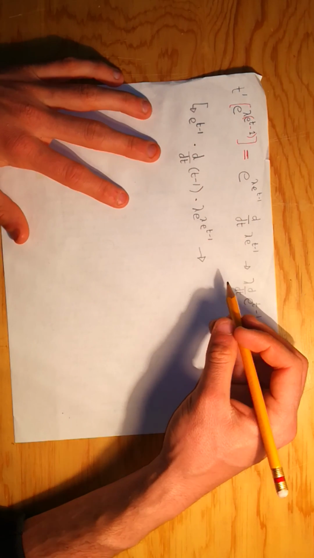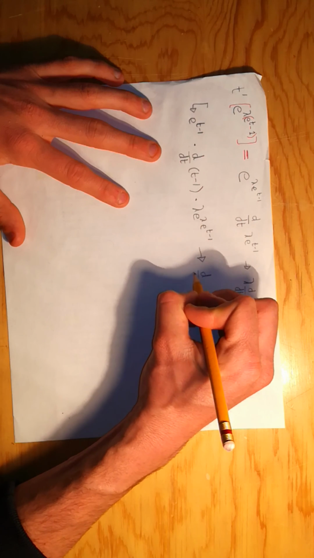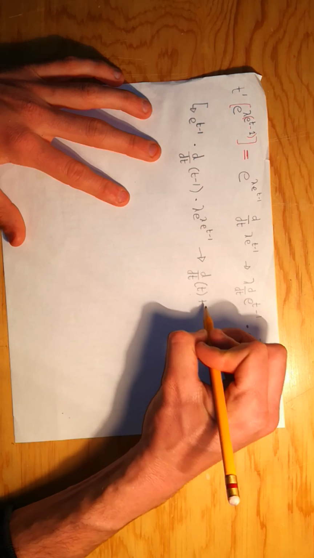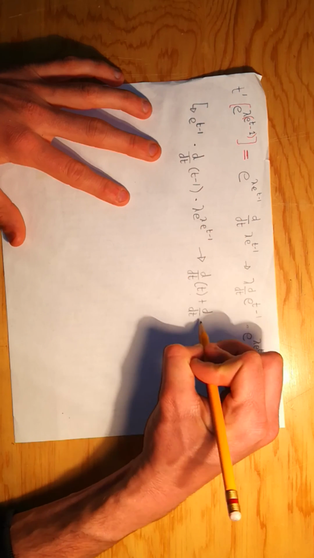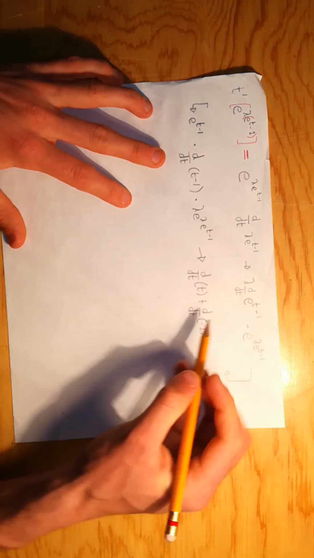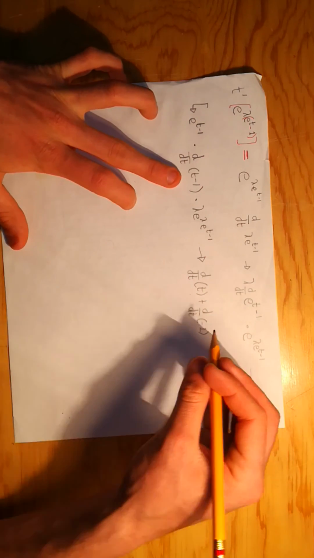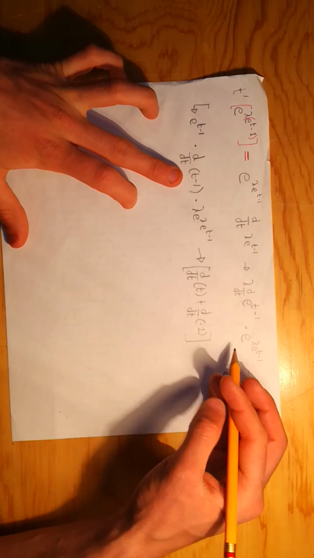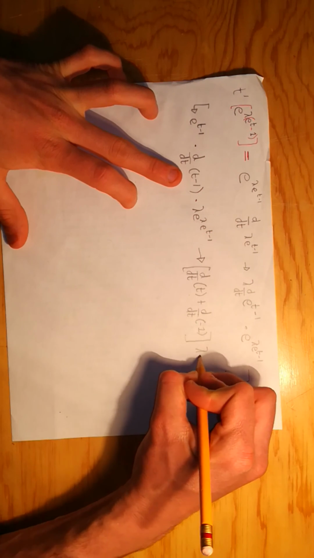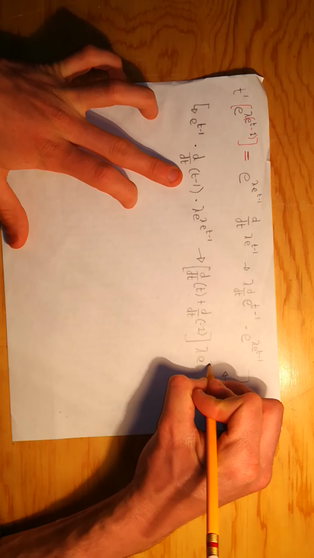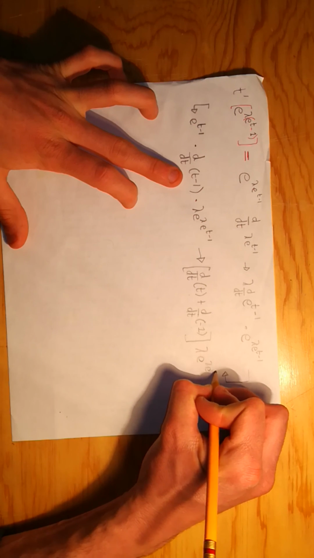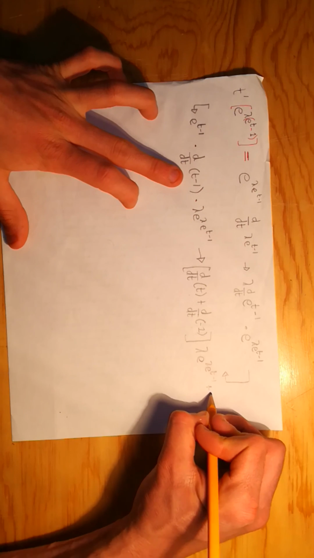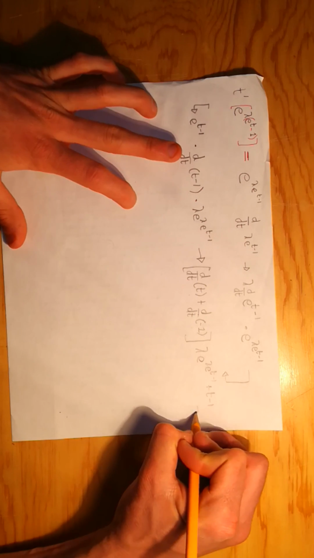We now have the derivative with respect to t of t plus the derivative with respect to t of minus 1, which is what we had here, and all of this times lambda e to the lambda e elevated to t minus 1 plus down here t minus 1.